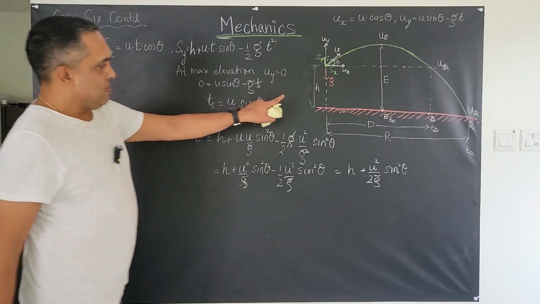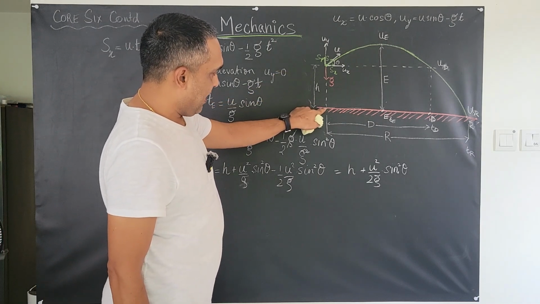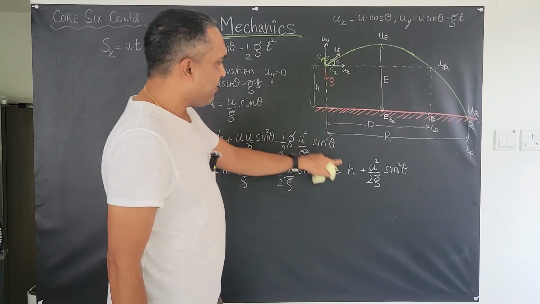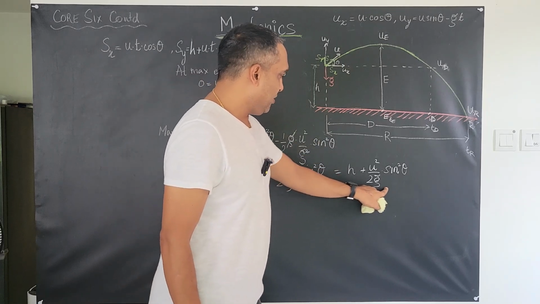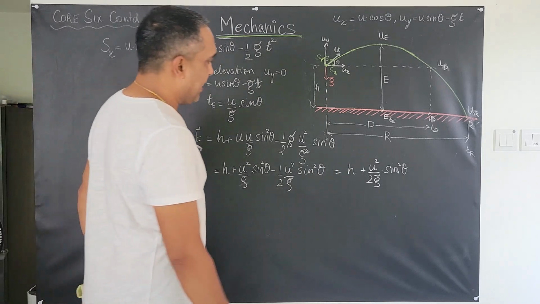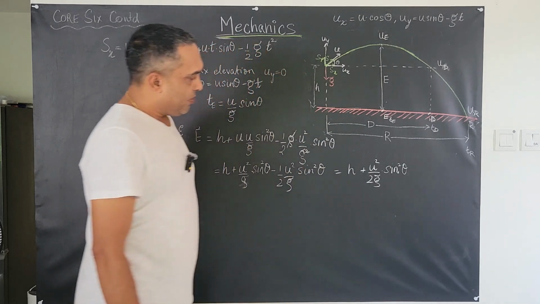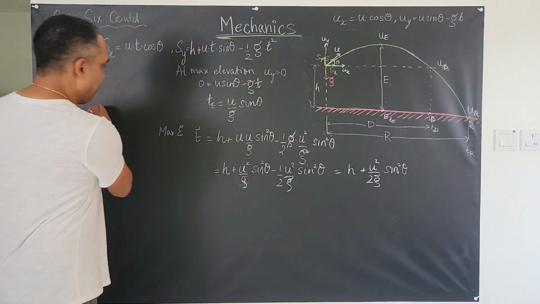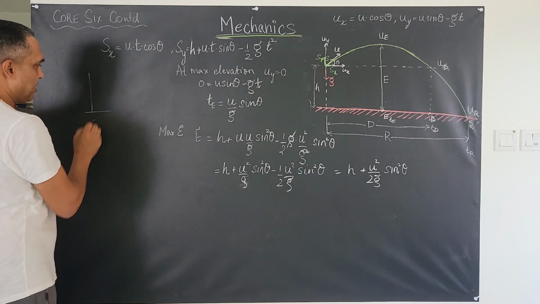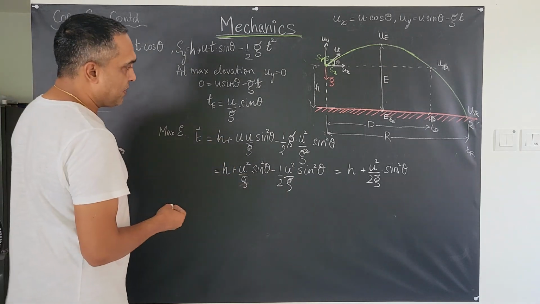So if I was not H meters above, if I was right at the ground, then maximum elevation would be that, because H would be 0. But because I'm higher up now, I will arrive at slightly higher. Now assume it was that regular calculation of a vertical motion, sine theta is 90, sine squared theta would be 1 as well.